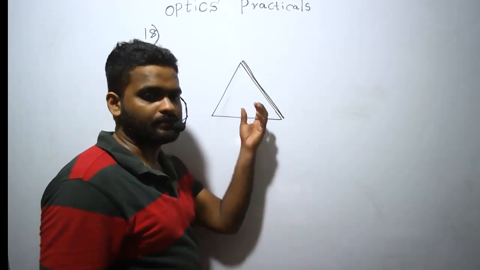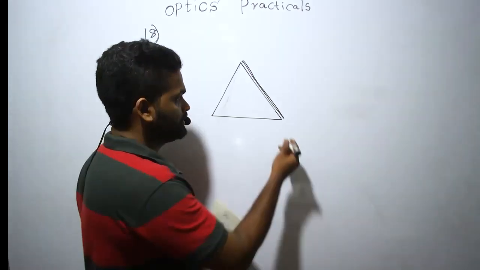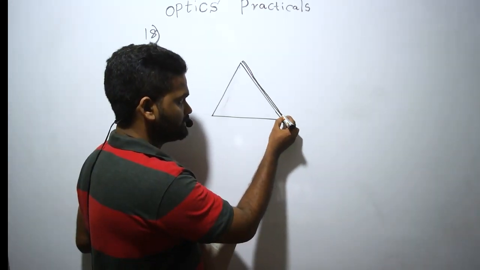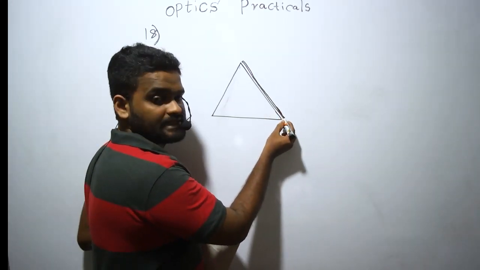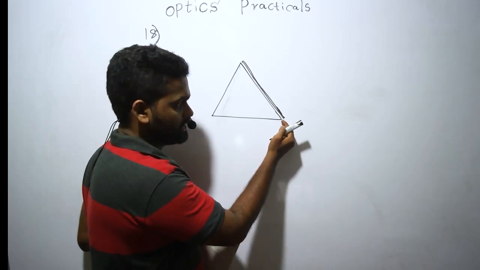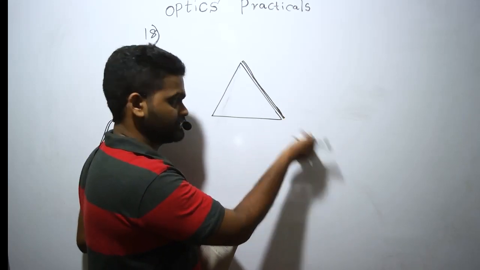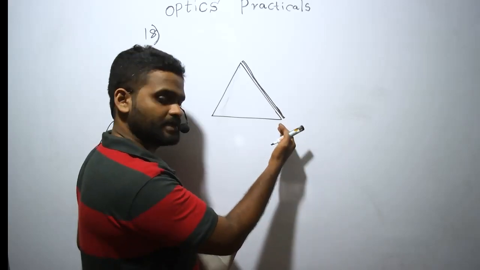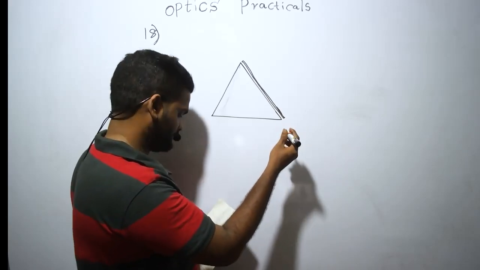Then due to the surface tension of water, you will learn surface tension later, right? Due to surface tension of water, this water sticks between the glass and the prism. It doesn't pour away, right? It just sticks to that, right?